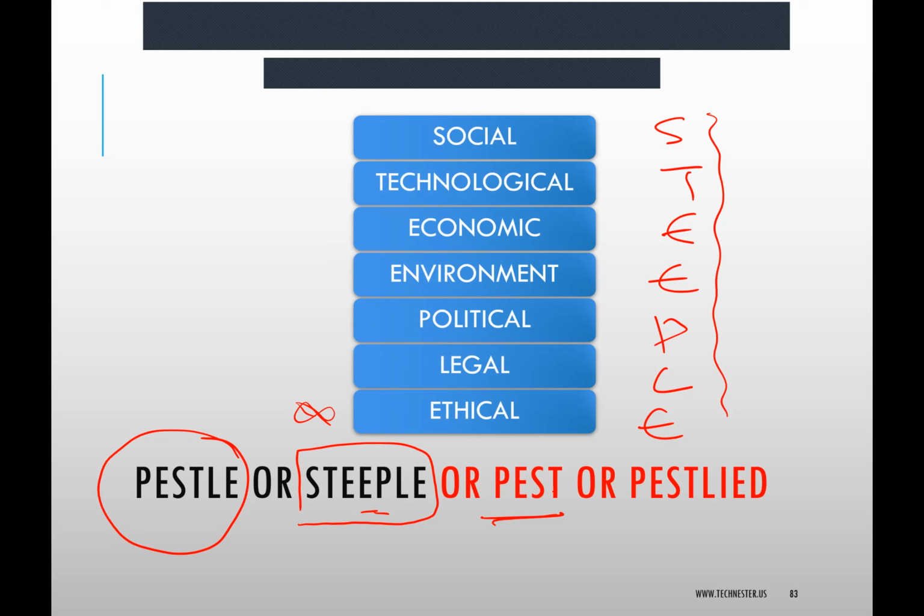So they call that one PEST, just part of the PESTLE. Some focus on what they call PEST-lite, or if you want, PESTLed. Now, the I here just means international. Maybe the organization is operating internationally and you want to make sure you cover those issues, so you use this PESTLed international.